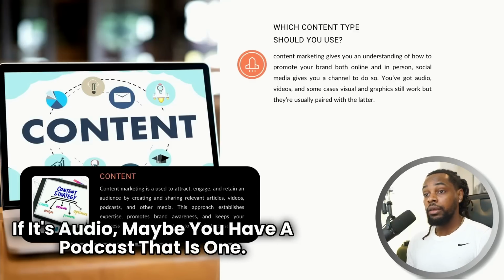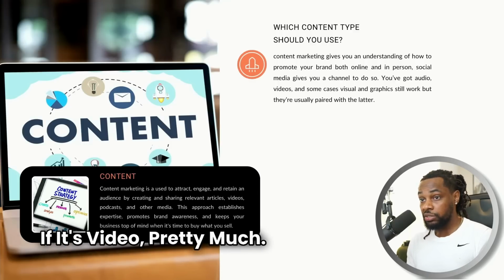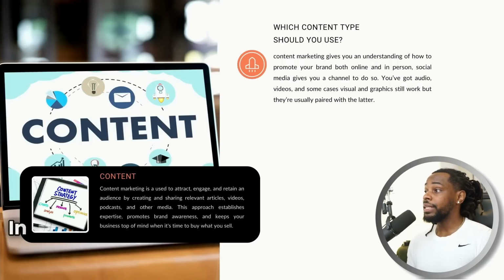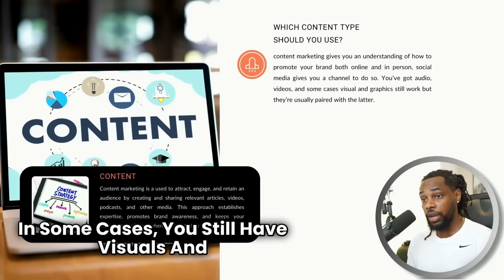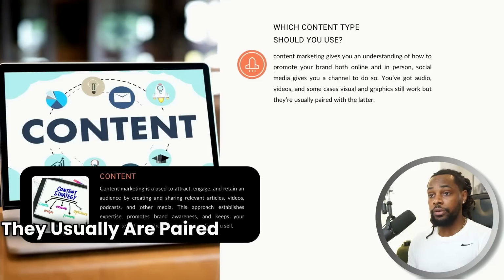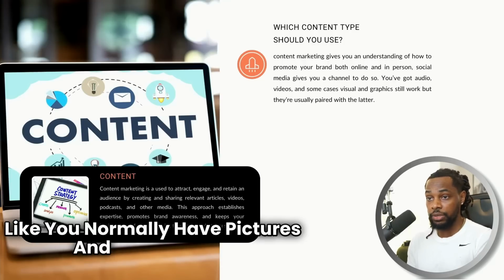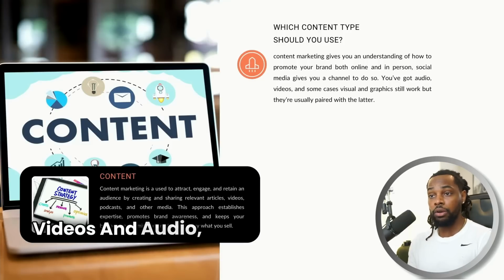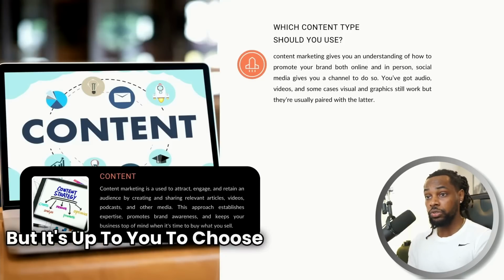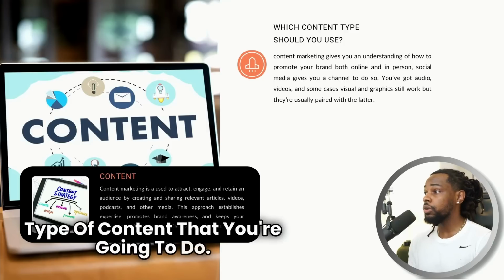If it's video, pretty much that's going to be all across the board. Video is on everything. In some cases, you still have visuals and graphics, like just pictures and images. But nowadays, they usually are paired with the latter. Like you normally have pictures and images with videos and audio. They're connected in some way. But it's up to you to choose the type of content that you're going to do.